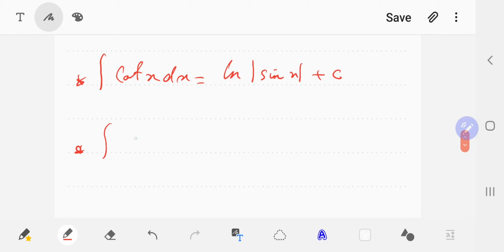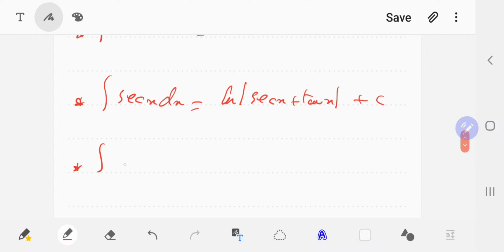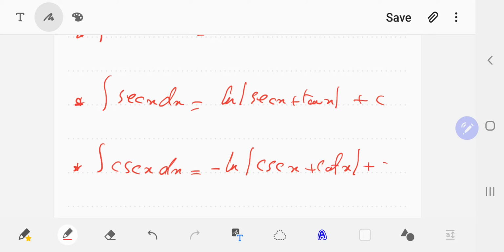Integration of secant x will be equal to ln absolute value of secant x plus tan x plus c, and integration of cosecant x dx, we should expect that will be negative ln absolute value of cosecant x plus cotan x all plus c.